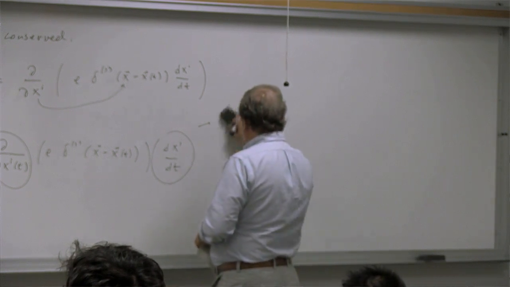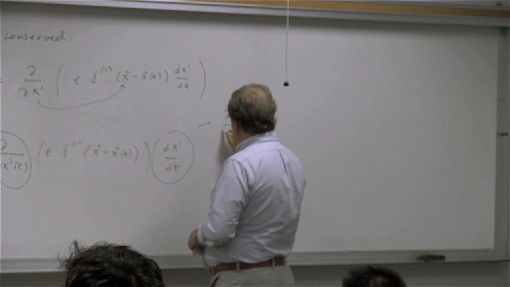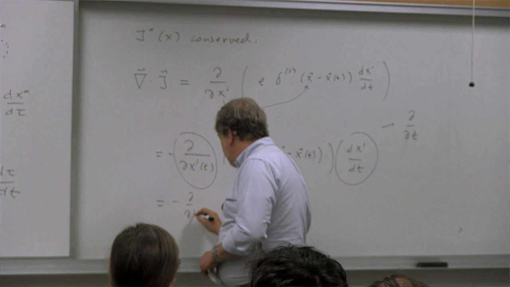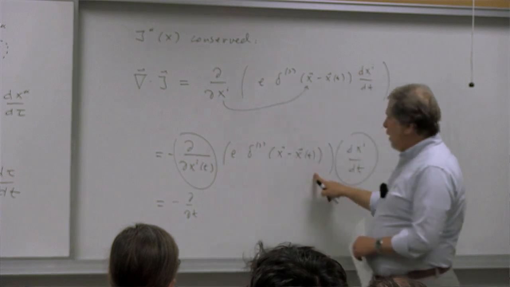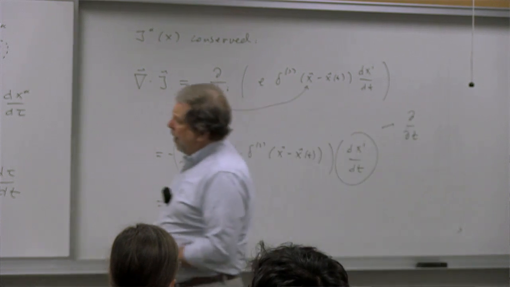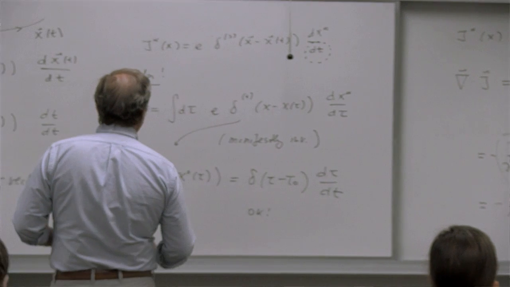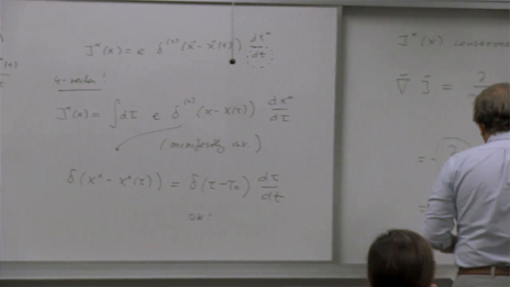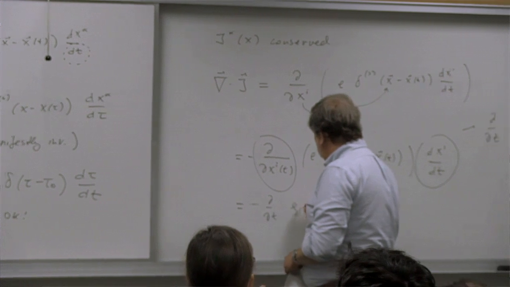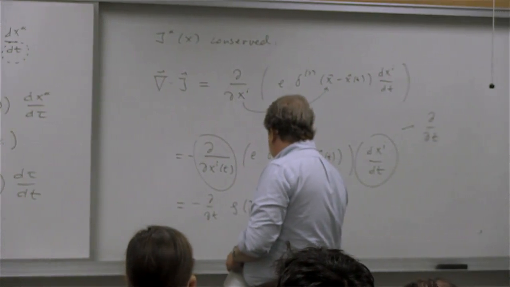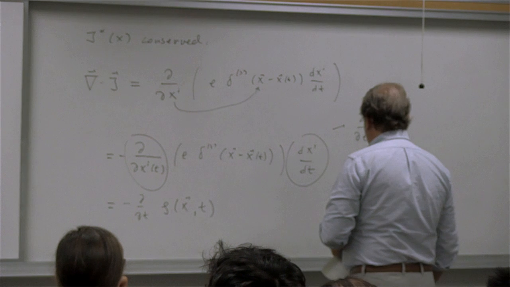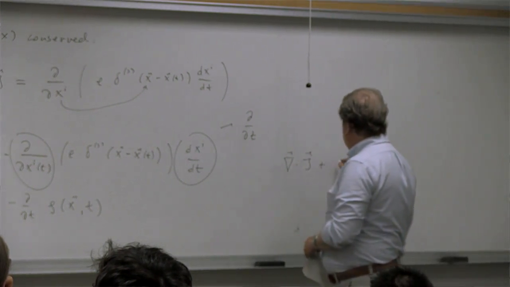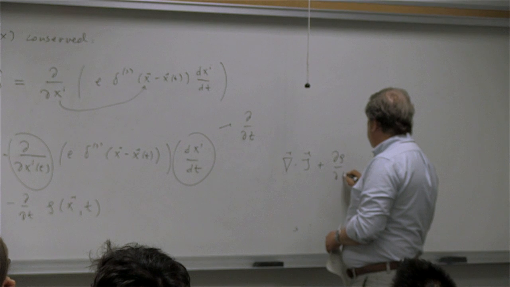Let me write it as a partial, d by dt. So this is equal to minus d by dt of what's left over, which is of course this piece here, and that piece is the rho, because the rho is just the nought component. And so we have the continuity equation that divergence of J plus d rho by dt is equal to 0.